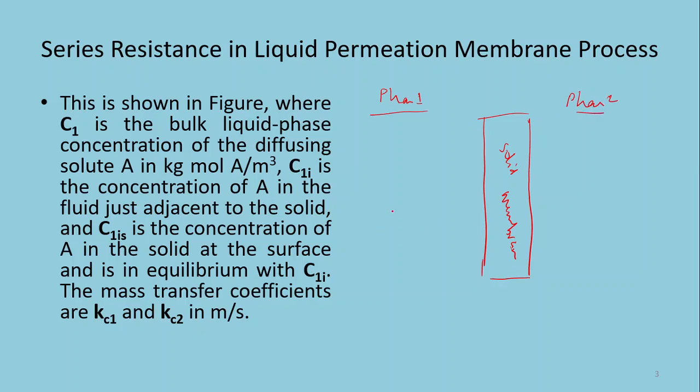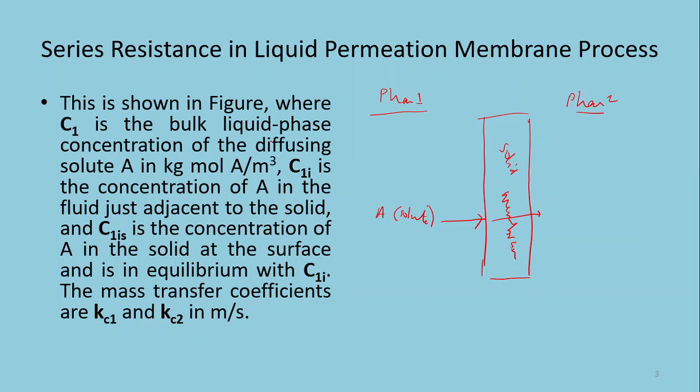What is basically going on here? A, the solute, is moving from this phase to this phase, from phase 1 to phase 2. That is our objective, and we have to find all these resistances.